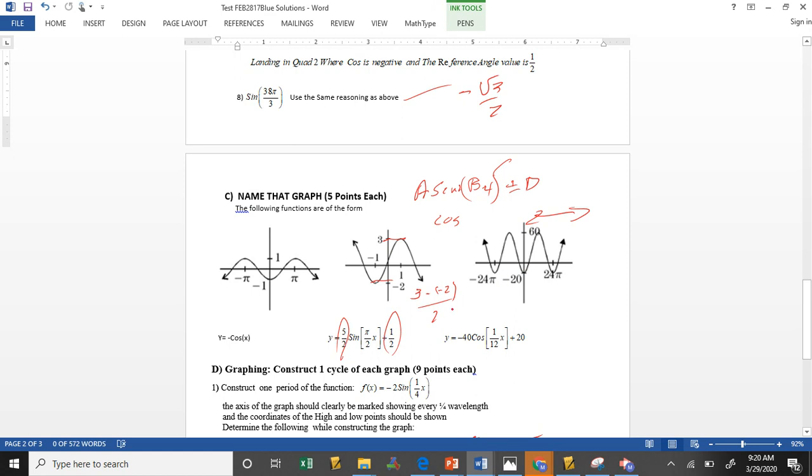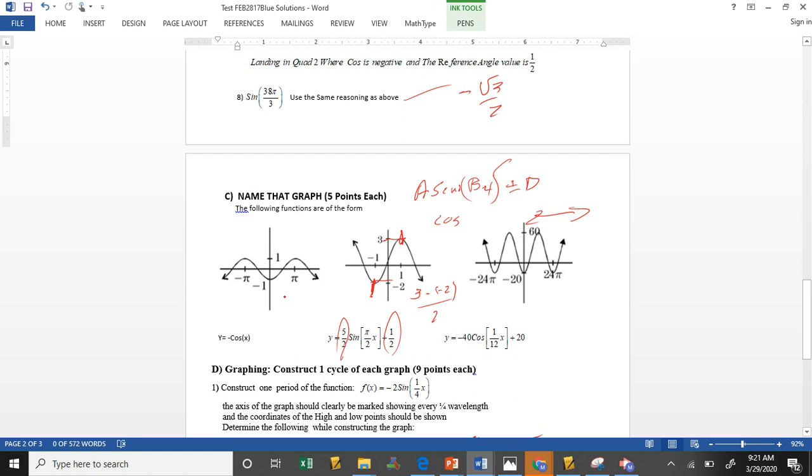The next thing you want to look for is the period. Well, we don't have a full period here. Well, we do, but the half period is from high to low, or low to high, and that spans 2 units.